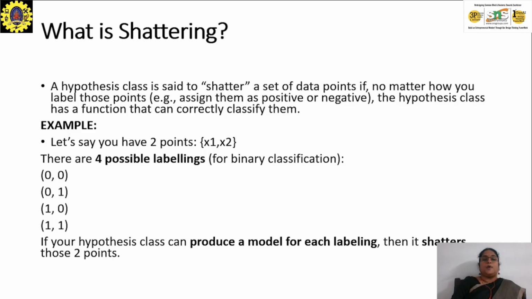There are the possibilities 0,0; 0,1; 1,0; 1,1. Consider x1 and x2 as a hypothesis set H, with four possible labelings: 0,0; 0,1; 1,0; 1,1. If your hypothesis class produces a model for each labeling, then it shatters the 2 points. This is the concept of shattering.